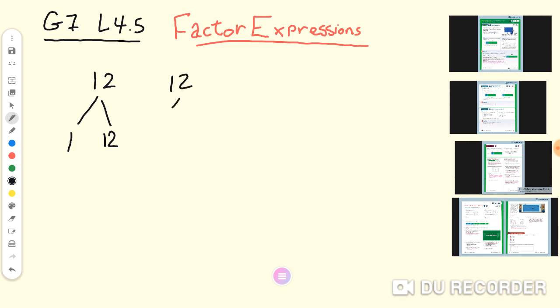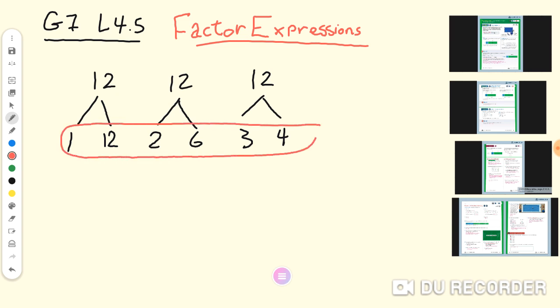Also 12 exists in the times table of 2 multiplied by 6, and of 3 multiplied by 4. So the factors of 12 are 1, 12, 2, 6, 3, 4. So 12 has 6 factors.